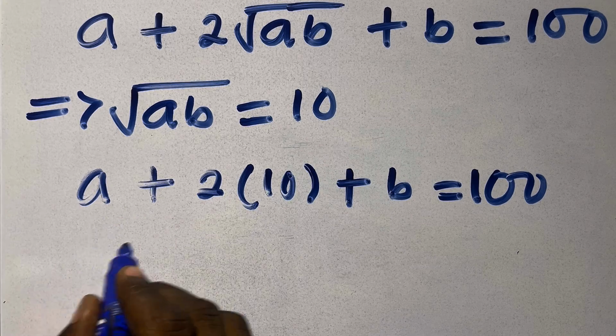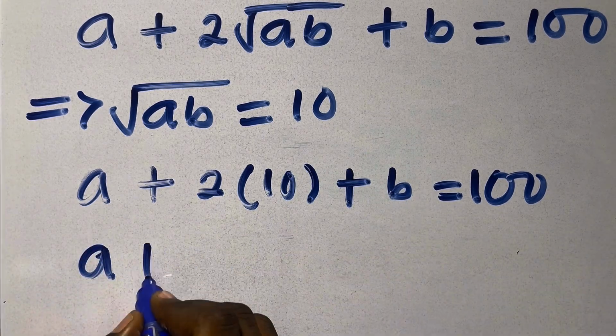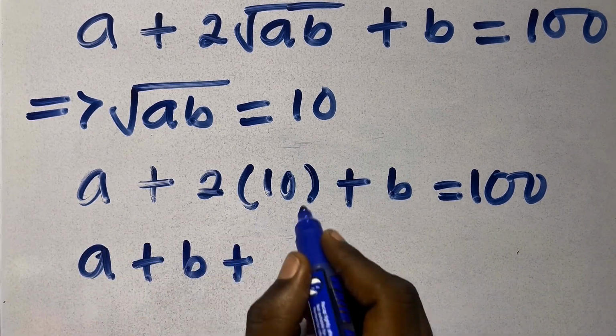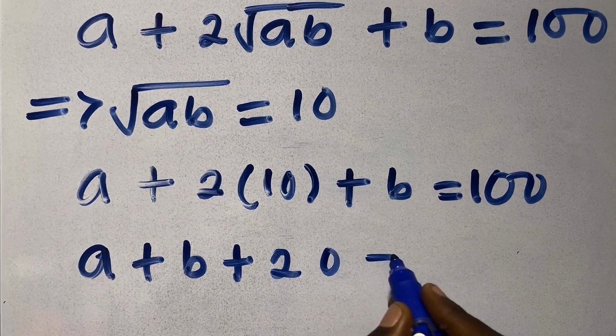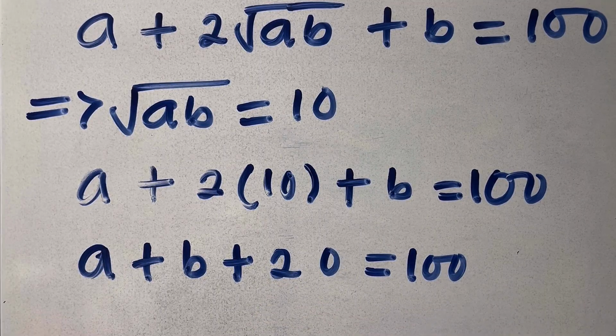So then we'll have a plus b plus 20 equals 100.